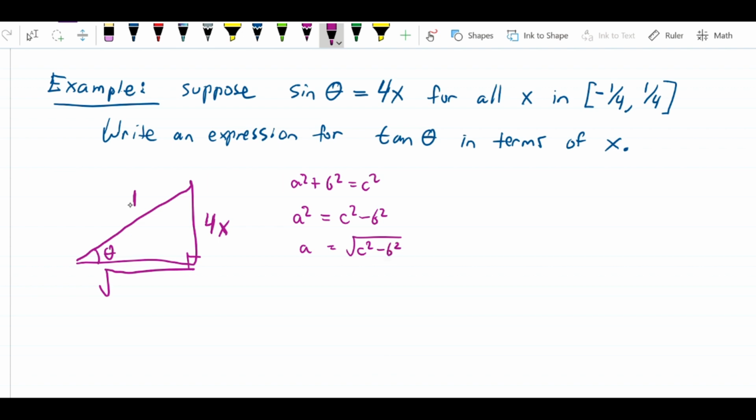So, using 1 as the value of c, that gives me 1 squared, which is 1, minus 4x quantity squared, which is 16x squared. And now I have all three sides of the triangle, so I can simply write that tan of theta is equal to the opposite over the adjacent, so that gives me 4x over the square root of 1 minus 16x squared.